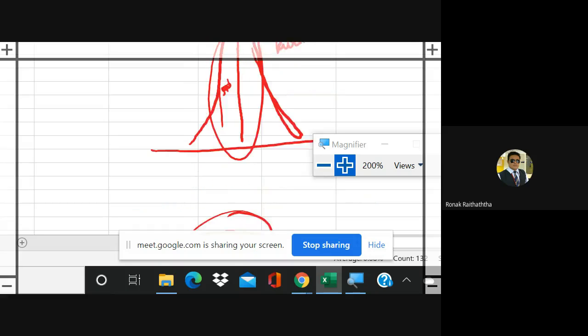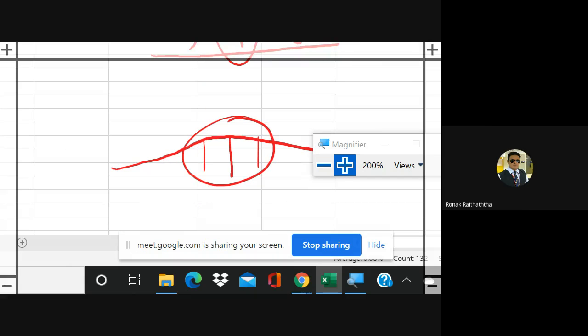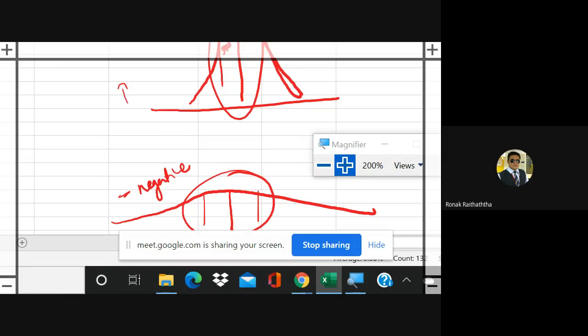In this case, it was higher than 68% of the returns. In this case, it would be lesser than 68%. In both the cases, data is not normally distributed. Here the kurtosis will be negative. Here the kurtosis will be positive, right?